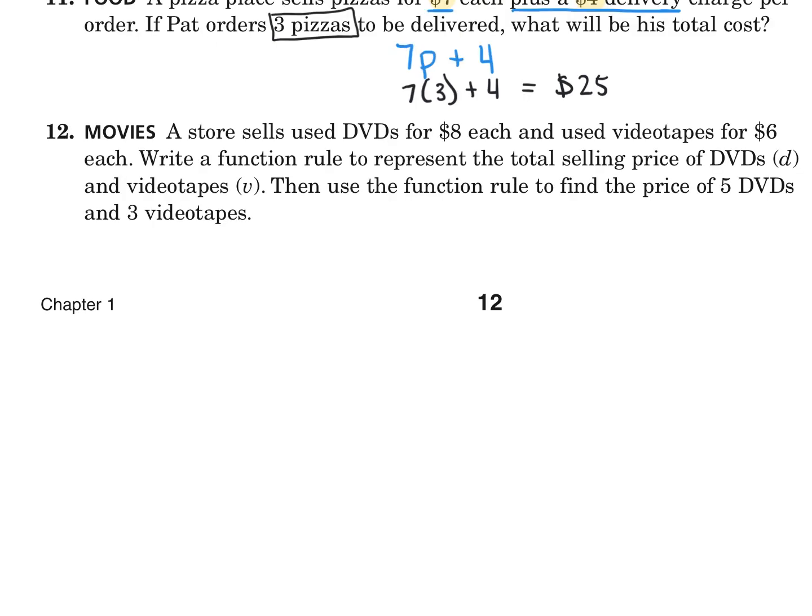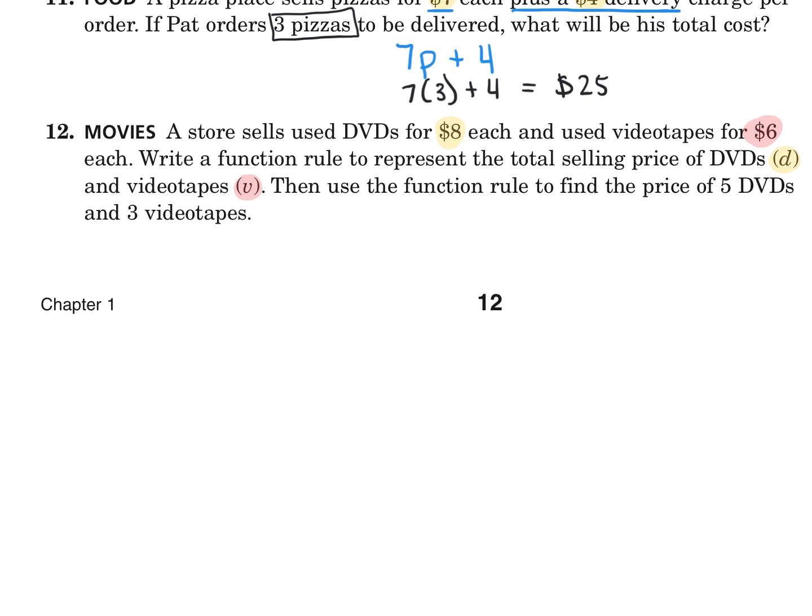To write your rule. So think about, we're going to use the D for DVDs. They cost $8. And the V is our variable for videotapes that cost $6. What rule could you write? I did 8 times 5 plus 6.